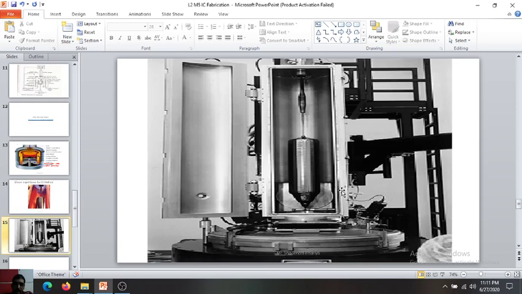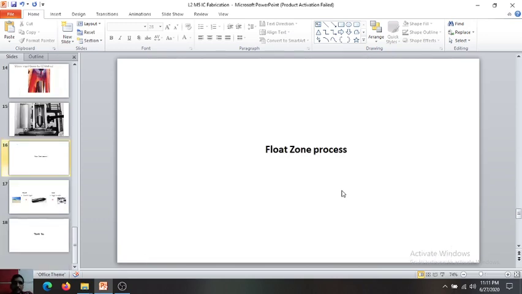So finally it comes out from the furnace in something like this shape. Another widely accepted method is the float zone method. We are not discussing that right now.